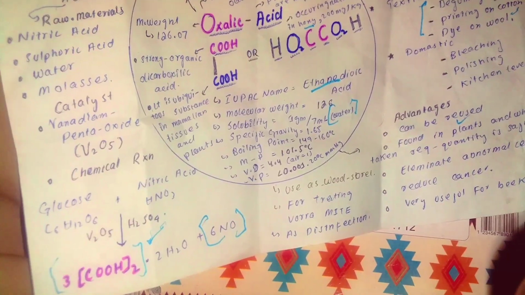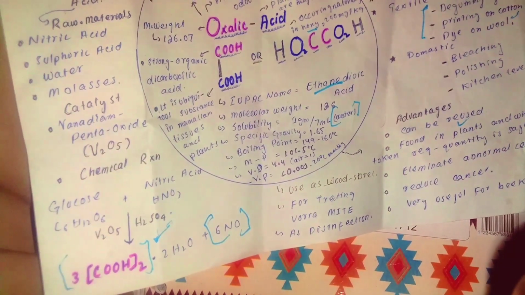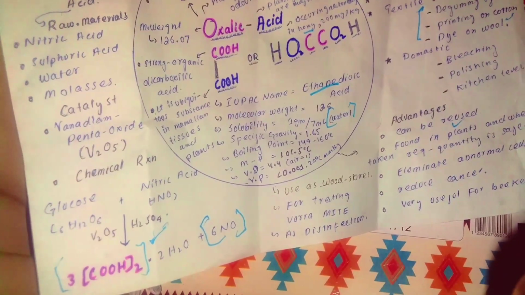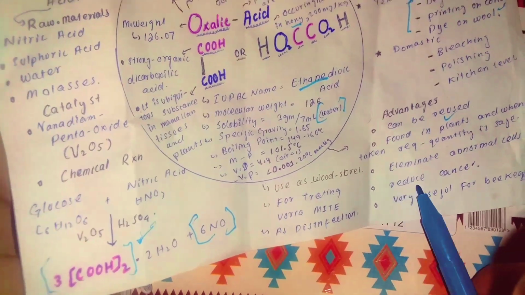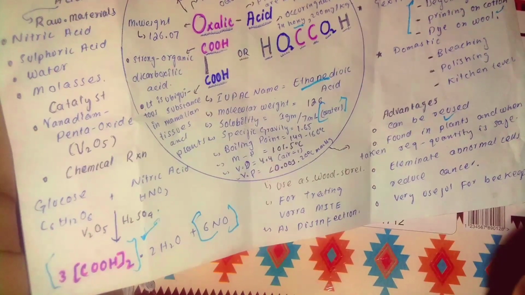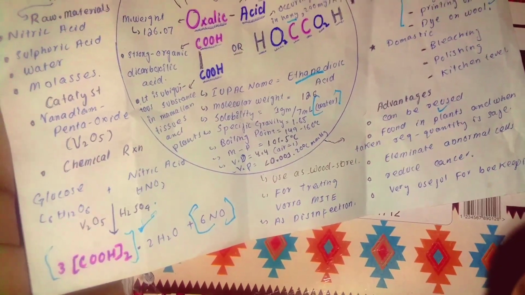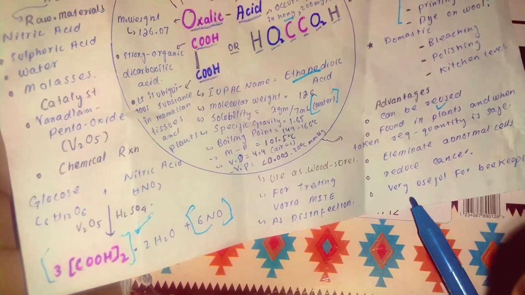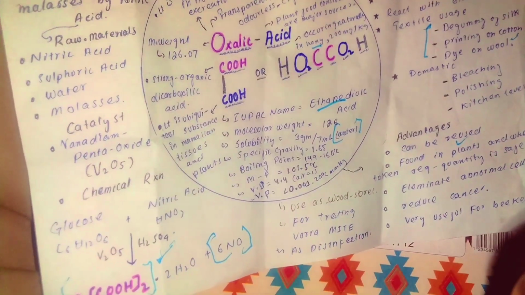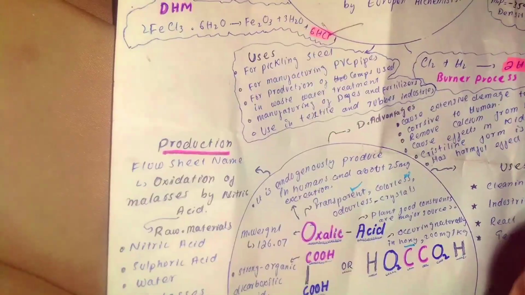Our body contains some abnormal cells as well, and oxalic acid is used to demolarize or reduce those abnormal cells. The second last one is reducing cancer: oxalic acid can reduce cancer cells or demolarize some cancer cells. And the last one is that it is very useful for beekeeping products.